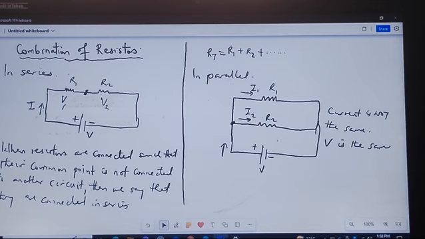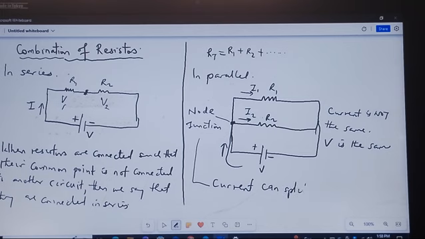So for resistors in parallel, different current flows through. Why? When this current moves from the cell down to this point, it will split into two parts, one coming through R2 and the other going through R1. This point, we refer to it as a node or a junction. So in a circuit, a point where current can split is called a node or a junction.